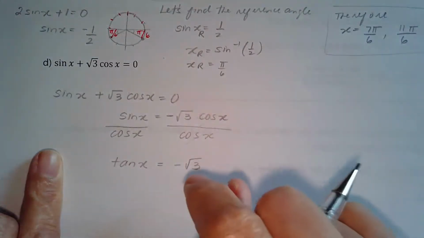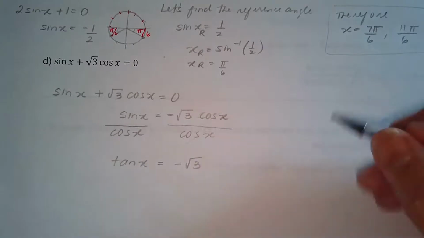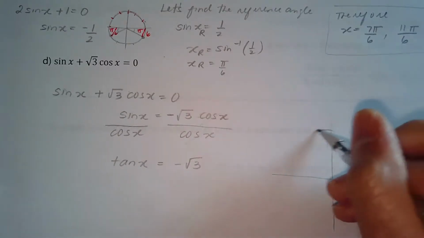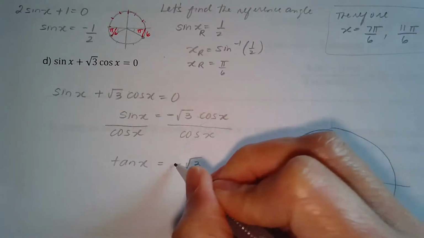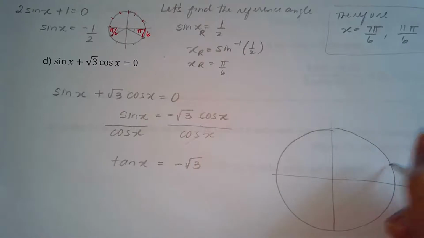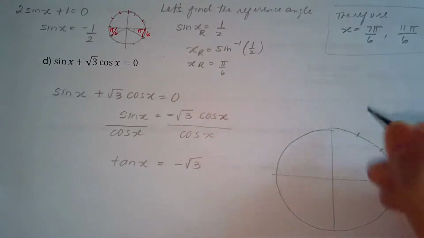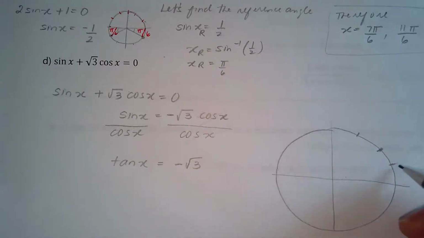Now, where is tangent of x is root of 3? Let me see here. It's a negative root of 3, okay? I'm just going to write down some basic angles in here. So this one here, this is pi by 6.